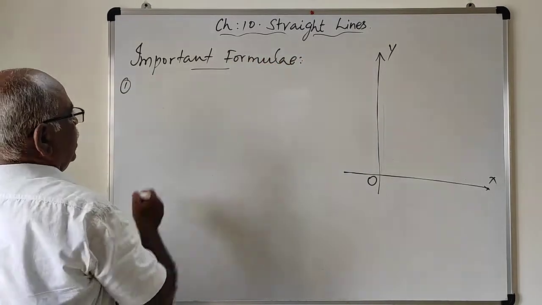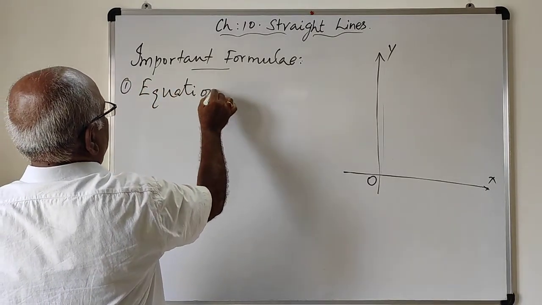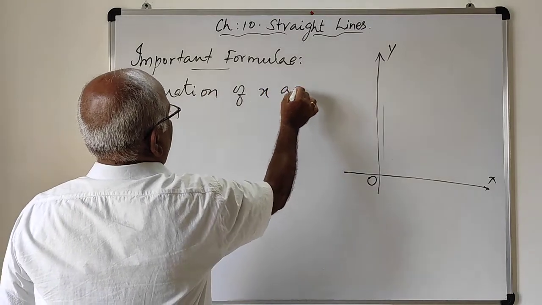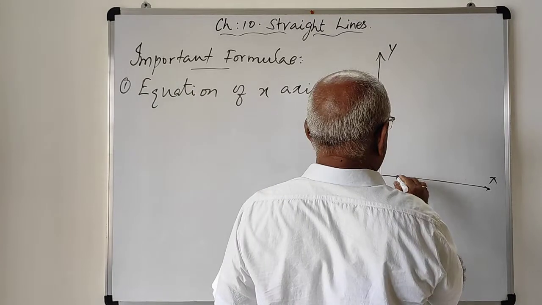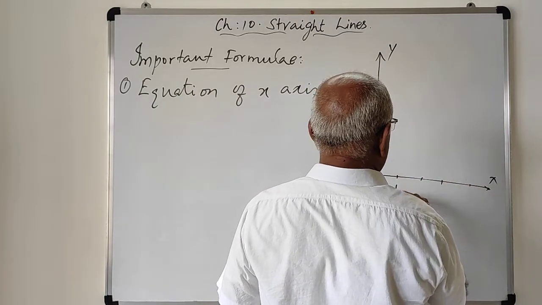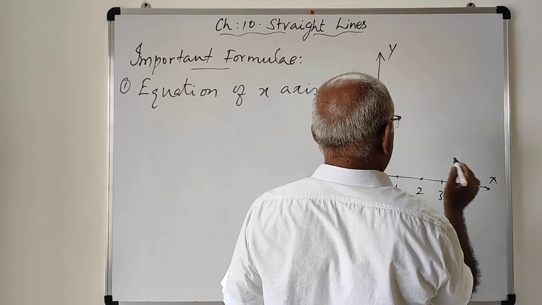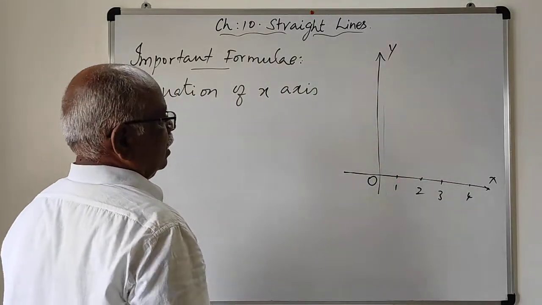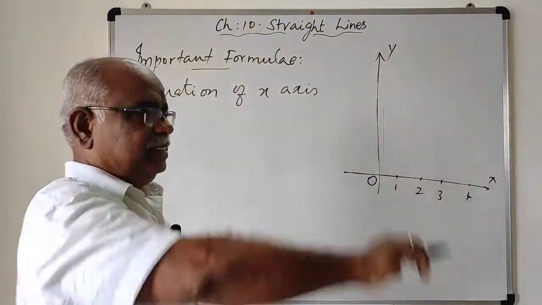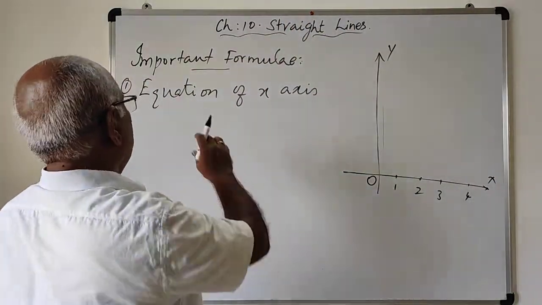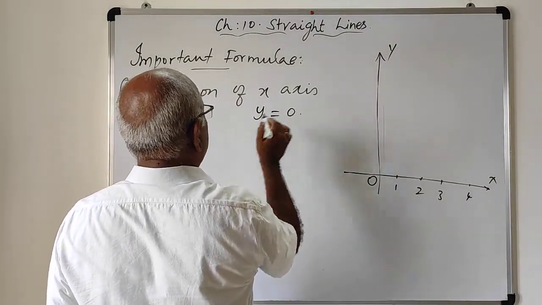First one, equation of x-axis. Along the x-axis, in all the places, 1, 2, 3, 4 like that, y is 0. Therefore, the equation of x-axis is y equal to 0.